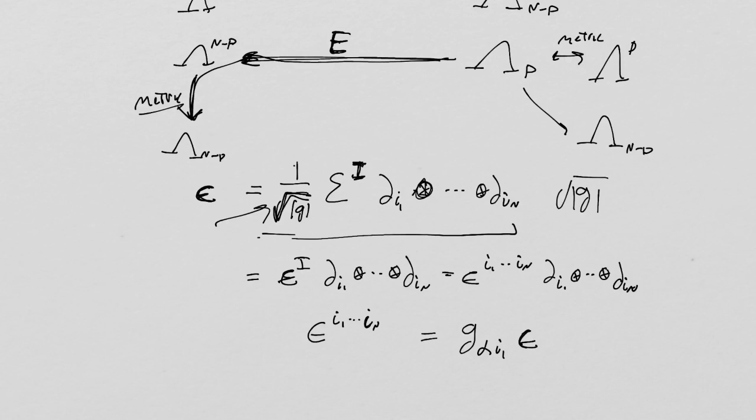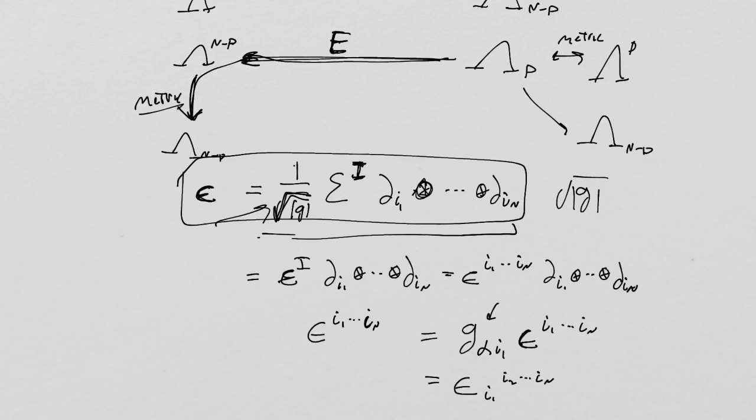So I want to say I1 IN, and that thing really does equal epsilon I1 I2 to IN, like that. I can actually raise and lower indices using this guy, and totally fairly, as long as I'm dealing with this true tensor.